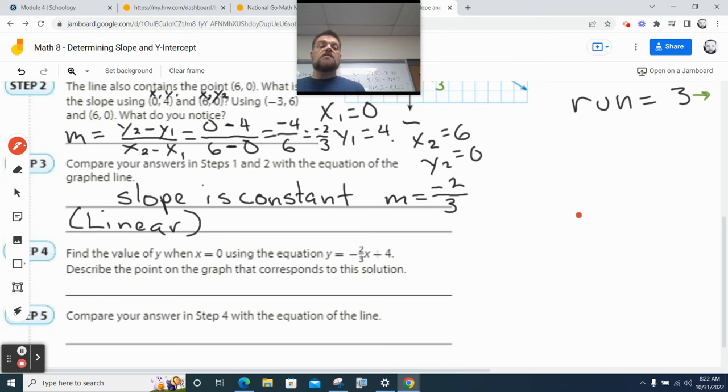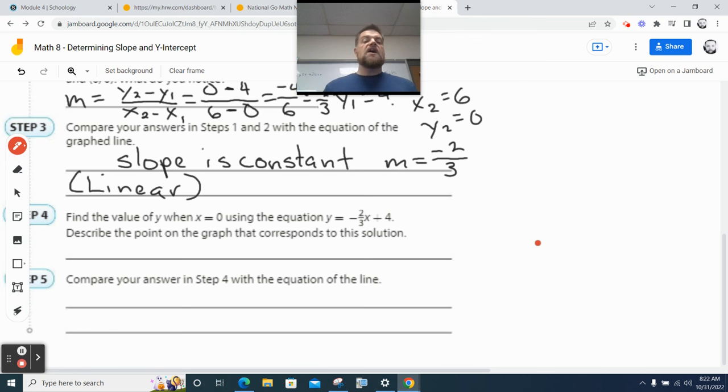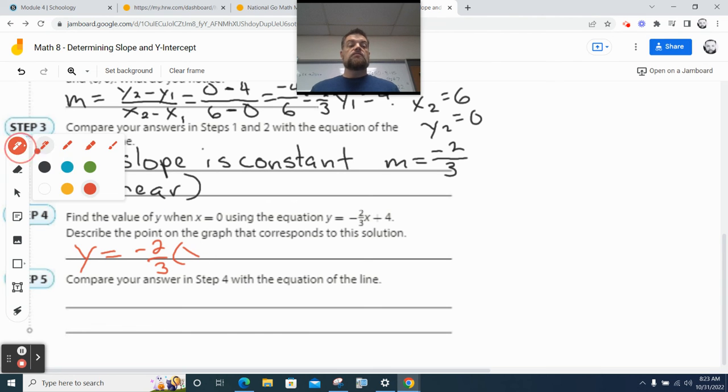Okay. So now it says find the value of y when x equals 0. Let me write it over here. Y equals negative 2/3 times 0 plus 4.